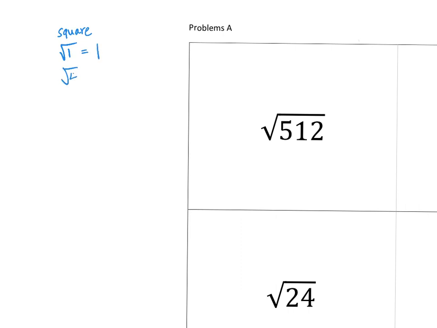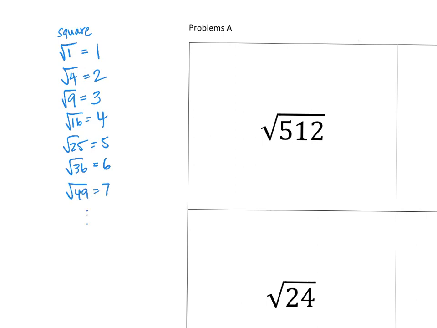The square root of 4 is 2. The square root of 9, 3, and we could keep on going. Square root of 25, which we've listed these before, like when we were factoring with difference of squares. And it goes on and on.